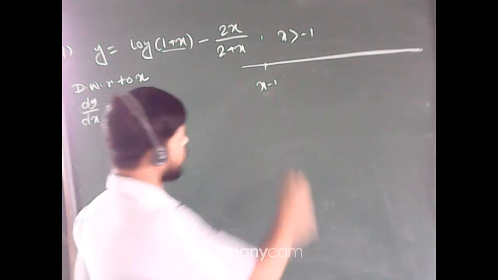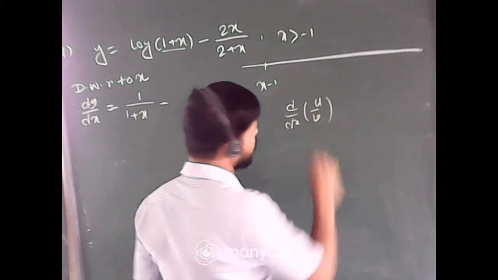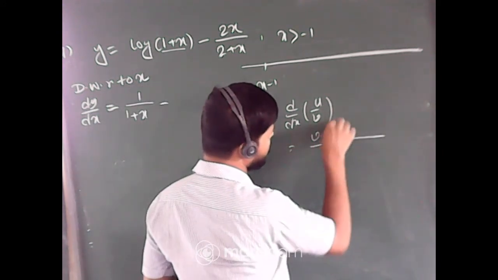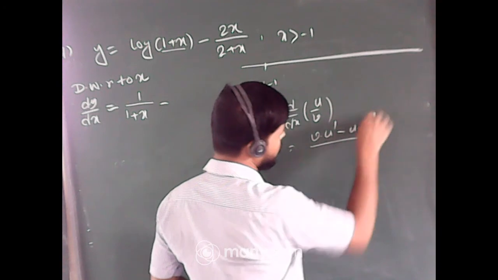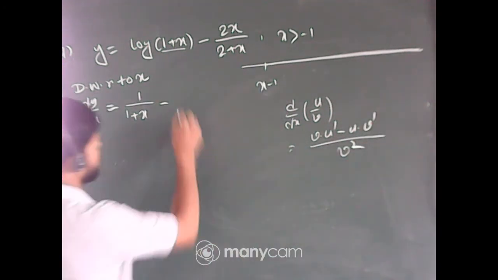It has a formula for the derivative of u by v, the division of two functions: (v into derivative of u minus u into derivative of v) by v square. Let's apply this formula here.